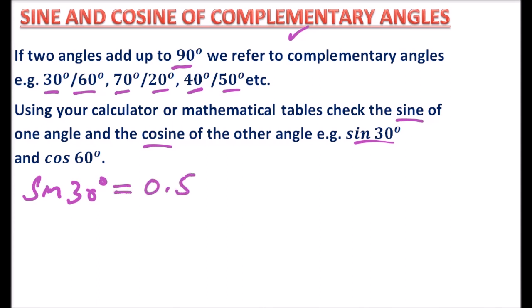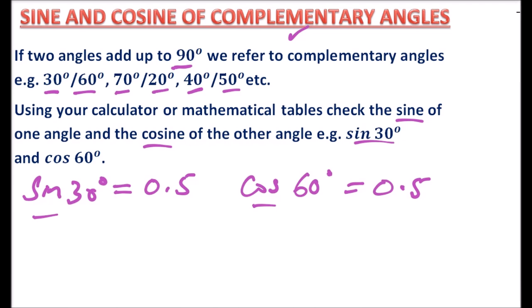The cosine of 60 degrees is equal to 0.5. So you realize that for two complementary angles, the sine of one angle is numerically equal to the cosine of the other angle. And that is the relationship of sine and cosine in complementary angles.